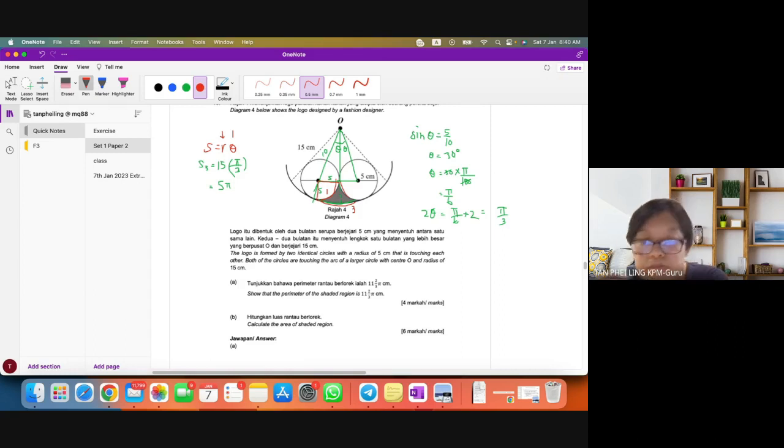Can I? 5 and a 5. I can actually also do it like that, making this become a triangle, where I put this as a theta. Can I?